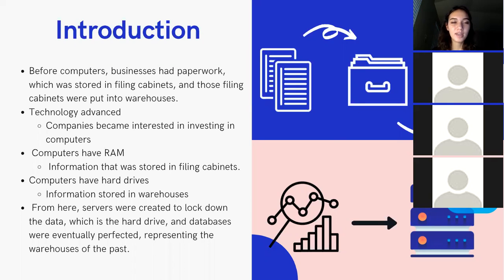This is a really big idea that my mentor wanted me to touch on, connecting how we went from paperwork to filing cabinets to warehouses to how we've gone from data to databases. And my project encapsulates this idea in different ways.